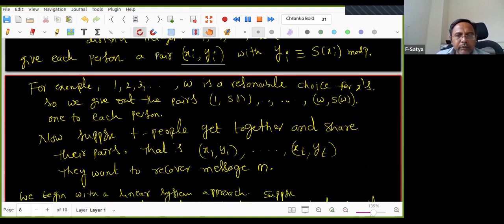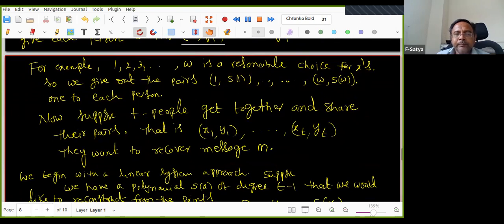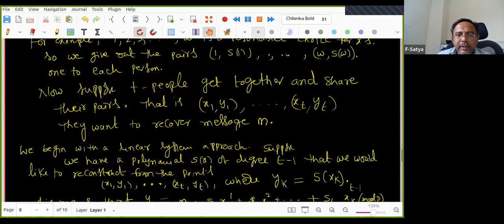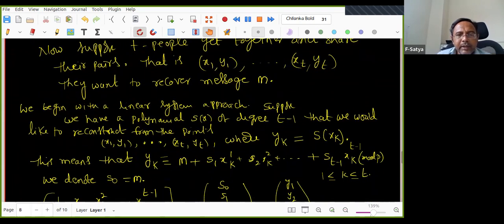Now suppose t people get together and share their pairs, that is x1 y1, x2 y2, up to xt yt. Now what are their shares? x1 y1 up to xt yt. They want to recover the message m, right? So we begin with the linear system approach. Suppose we have the polynomial S(x).